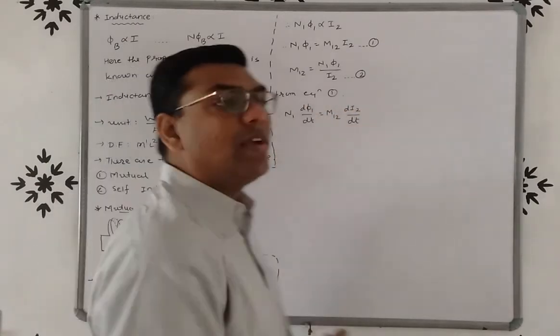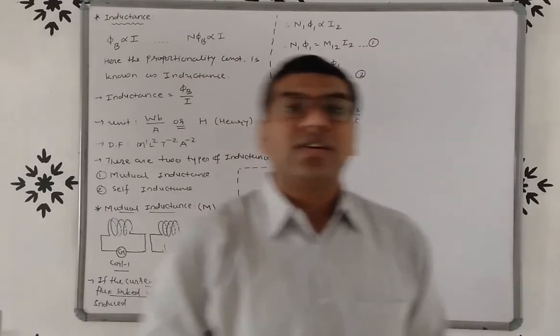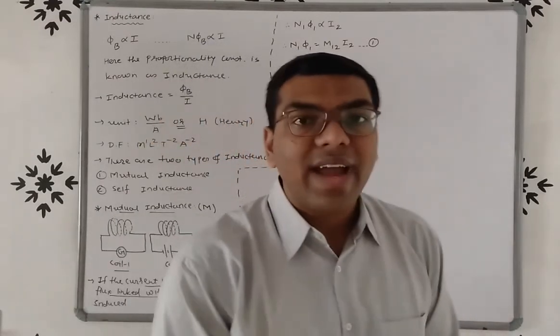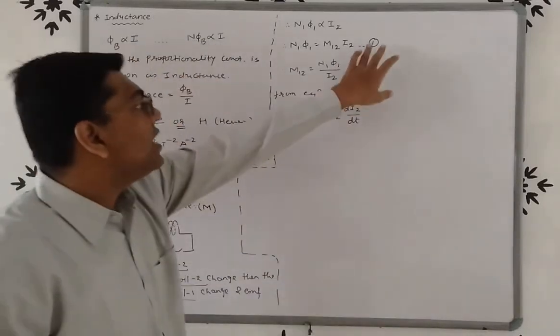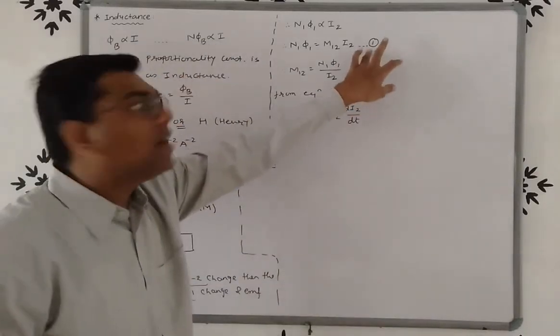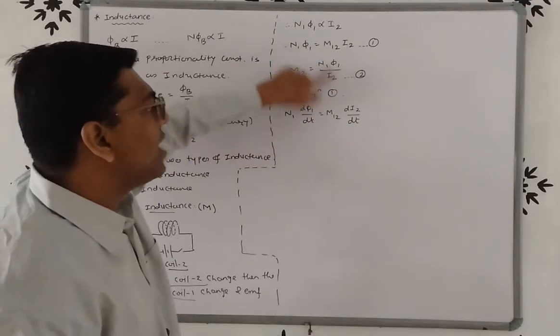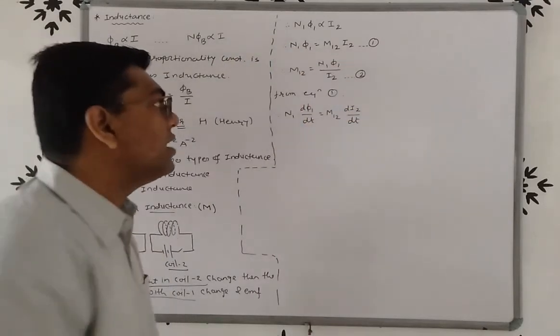We take the derivative with respect to time because we know that EMF is equal to minus N d phi by dt. So N1 constant, d phi 1 by dt is equal to M12 constant, di2 by dt.